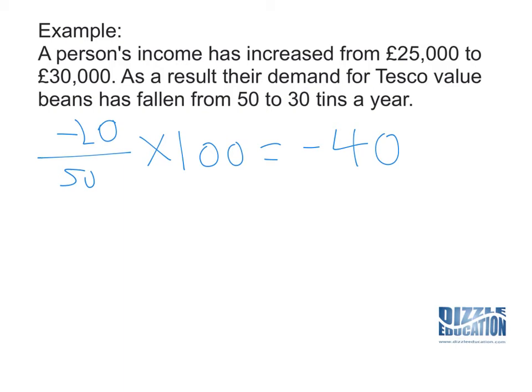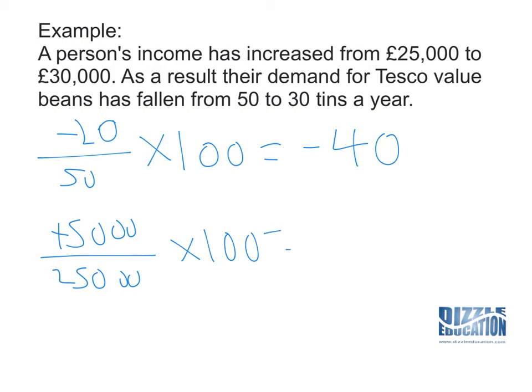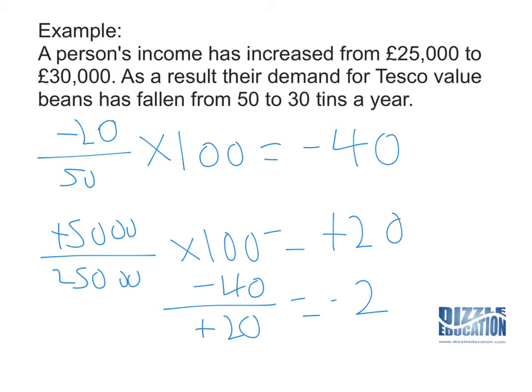And the income increase is an increase of 5,000 divided by original income of 25,000, times that by 100. It's going to give us plus 20. So we've got minus 40 divided by plus 20, which gives us minus 2. So minus 2 there is our elasticity answer here.